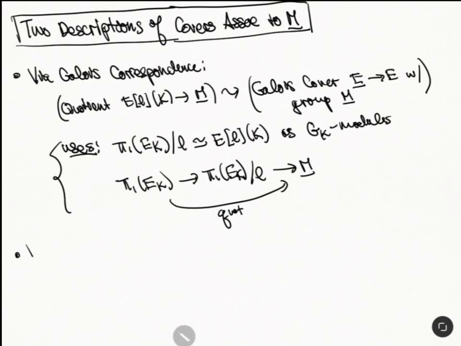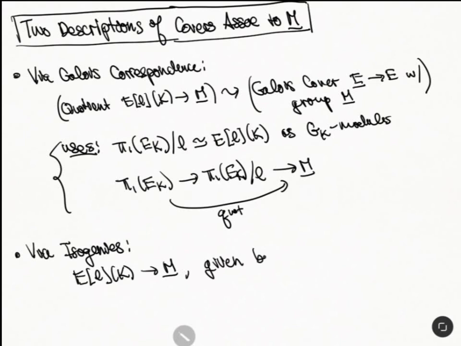The other way, the more explicit way, was via isogenies. So we had that this thing is given by a kernel M in E[L](K). I guess I stated this already before.